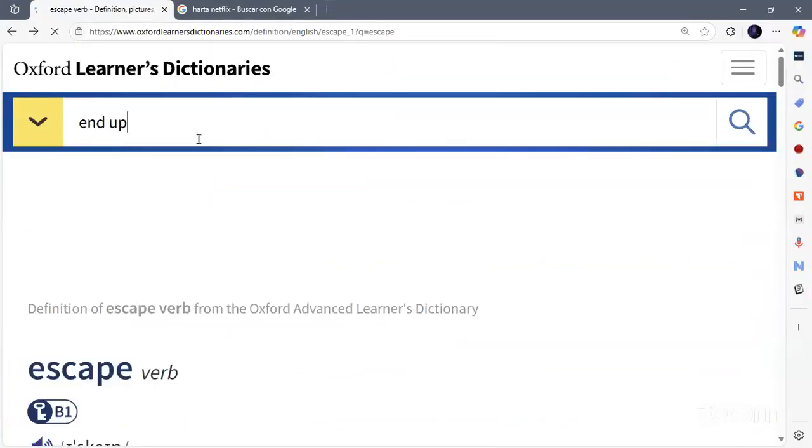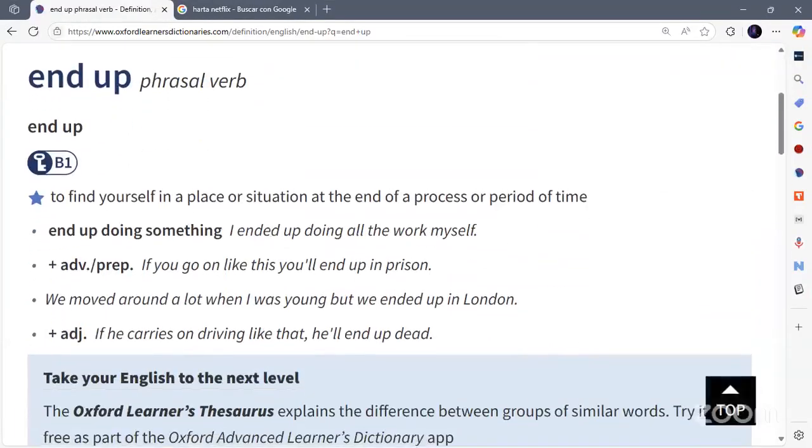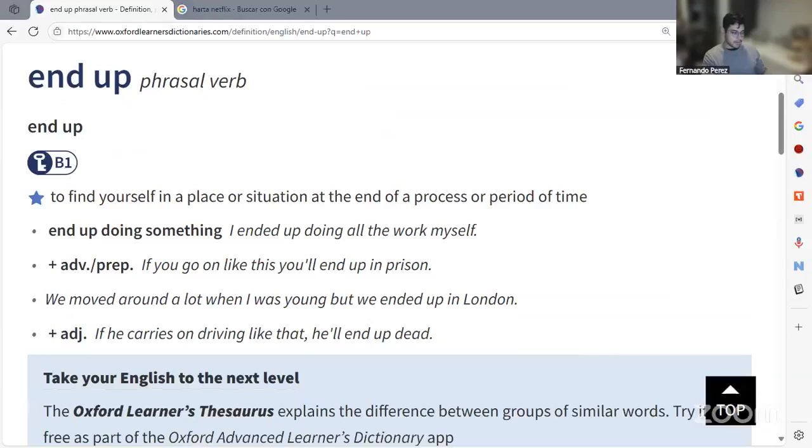This is one of the verbs that sound similar to the translations in Spanish, but we never use, and this is very nice in English. End up es terminar, pero de que terminaste haciendo algo por consecuencia.